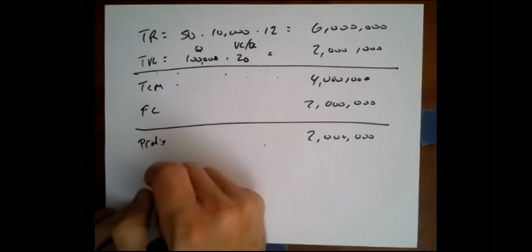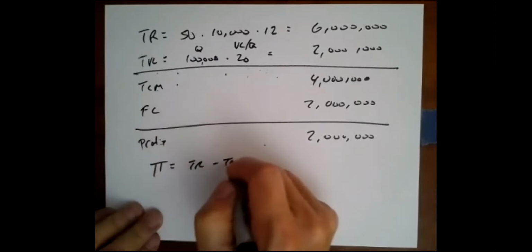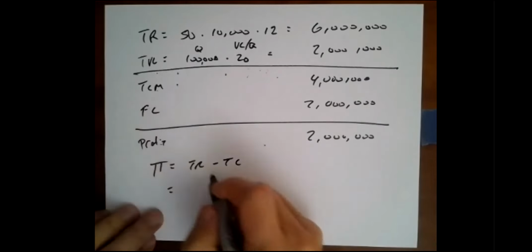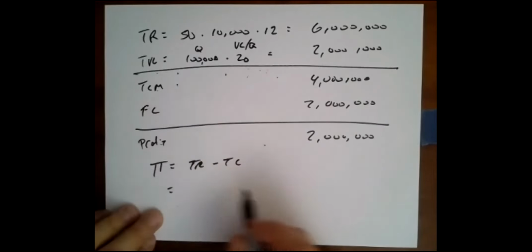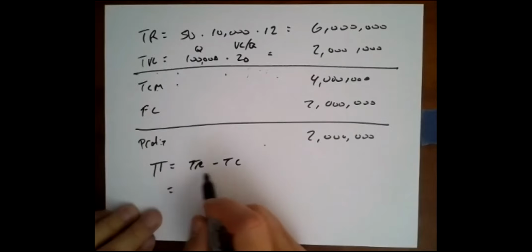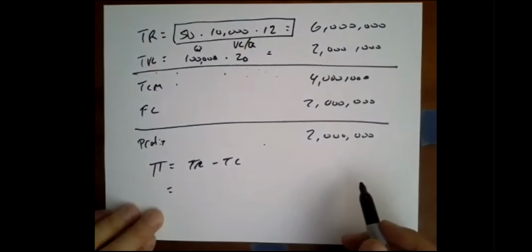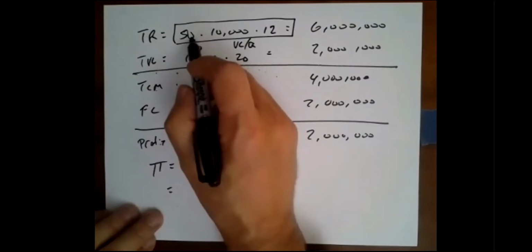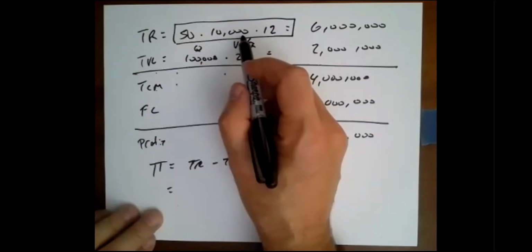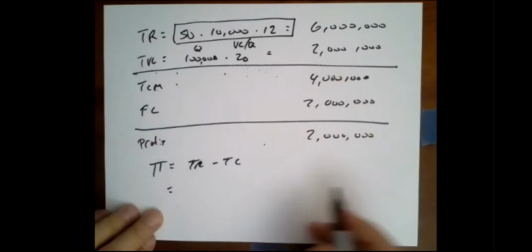Well, it's the same thing. Profit equals total revenue minus total cost. However, total revenue is not price times quantity in this case. Total revenue is going to be this, right? Per member per month times the number of members times 12 months.